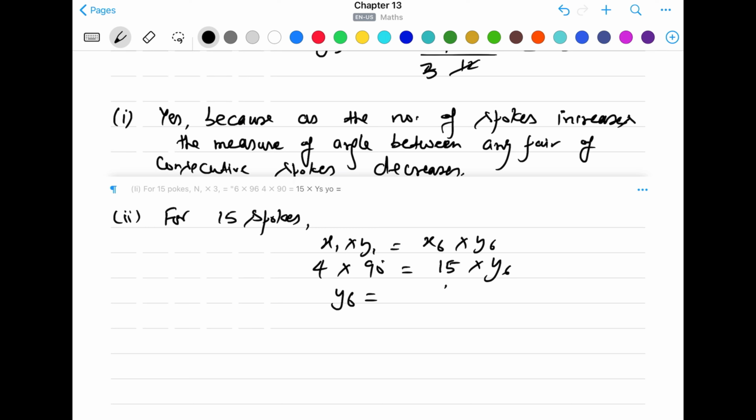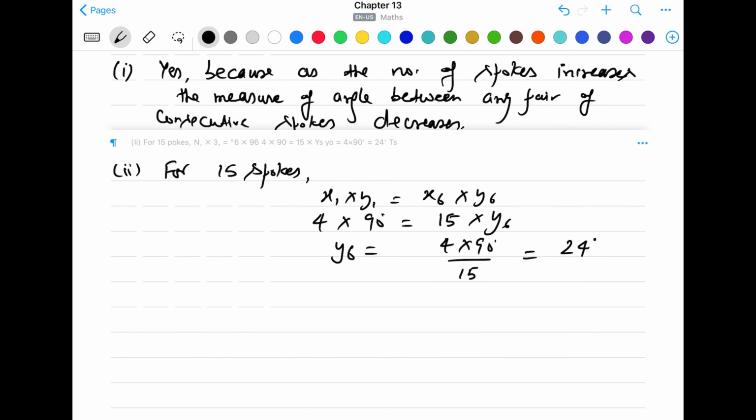So y6 from here will be 4 into 90 divided by 15. 90 divided by 15 will give us 6. 6 into 4 is 24 degree. So when the number of spokes in the wheel is 15, the angle between them is 24 degree.